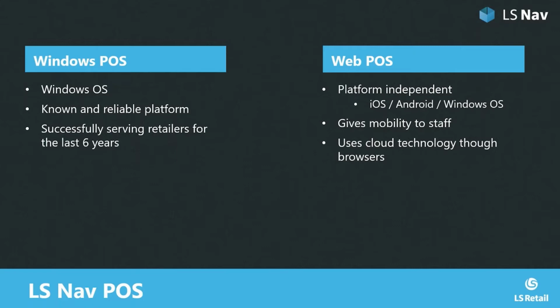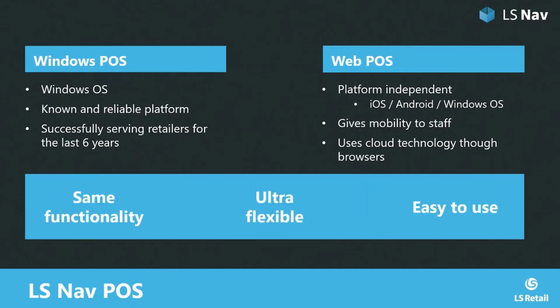So you can run this POS on an iPad, Android tablet, or a Surface. This gives mobility to staff. It uses cloud technology through browsers. Both POSes offer the same functionality, both are ultra flexible, and both are easy to use.